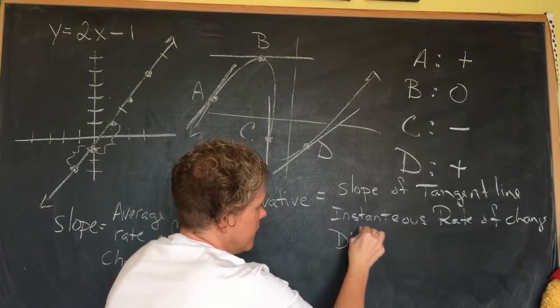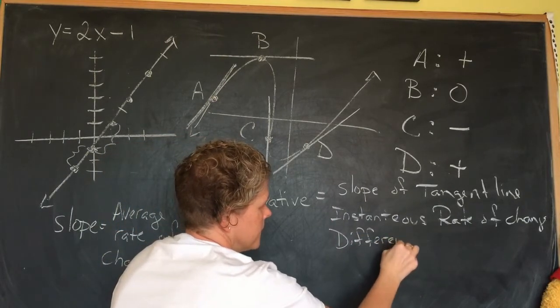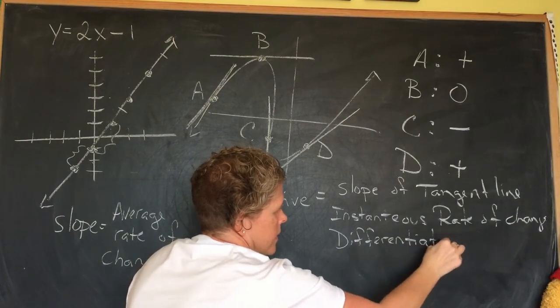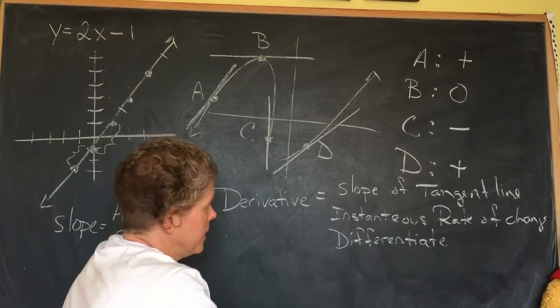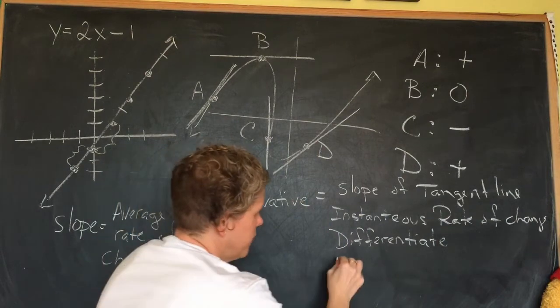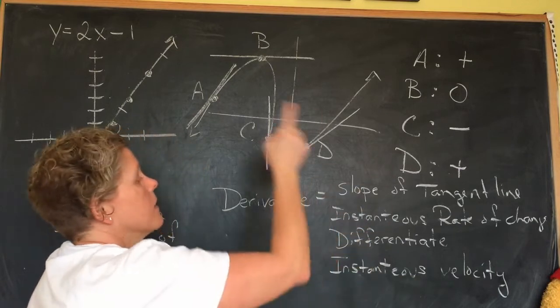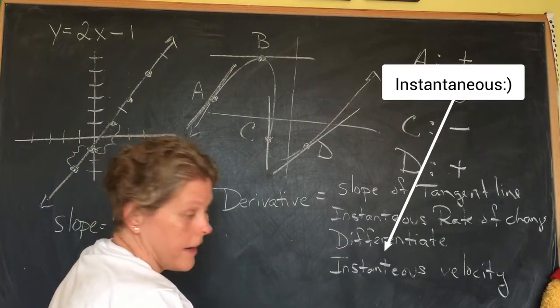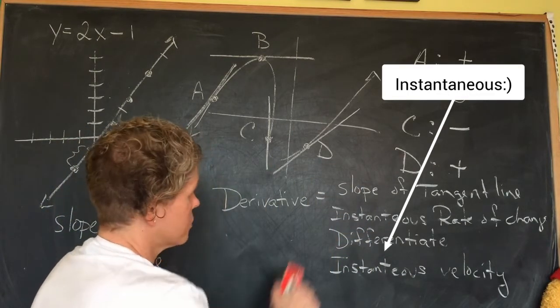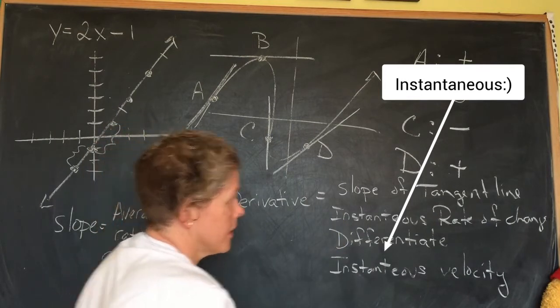If you see the word differentiate, that means find the derivative. If you see instantaneous velocity, again, that's the same thing as find the derivative. So all of those mean the exact same thing.